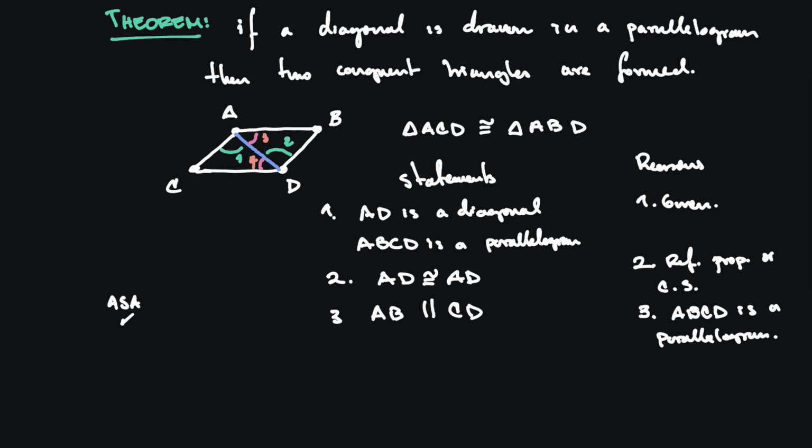So if this happens, then we know that angle 1 is congruent with angle 2, and angle 3 is congruent with angle 4.